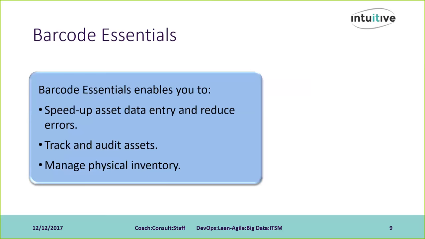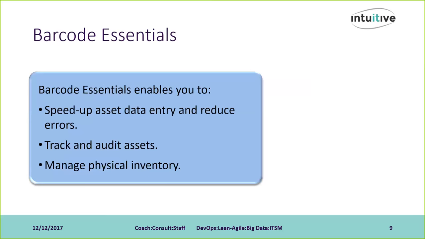So assets that can't be automatically discovered throughout the network connections, non-managed assets, assets that don't have an agent running on them, projectors, LCDs in meeting rooms, some telephony equipment. I've seen folks barcode and manage completely non-IT assets using Barcode Essentials.